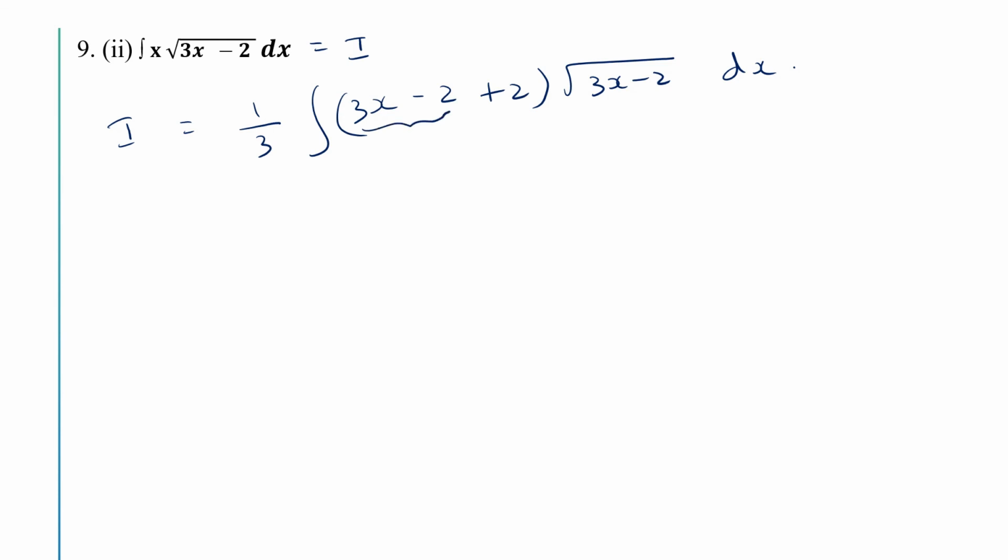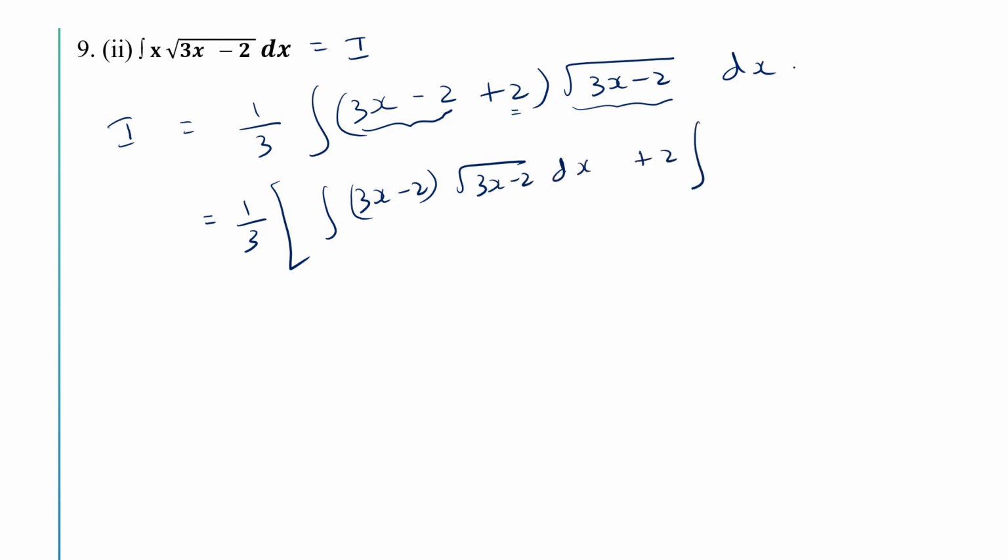So this we can combine, multiply it with root of 3x minus 2 so that it is easy to find the integral, and then plus 2 into integral root of 3x minus 2 dx. That we can integrate separately. So this is 1 by 3 into integral (3x minus 2) root of 3x minus 2 dx plus 2 integral root of 3x minus 2 dx.